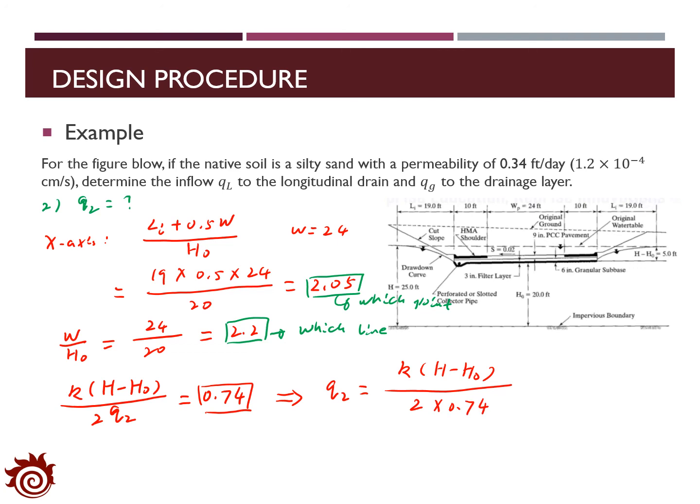Here we have K as 0.34 times H is 25, H0 is 20, and that will give us the result as 1.15 feet cubed per day per feet.